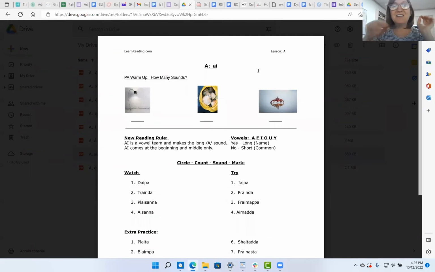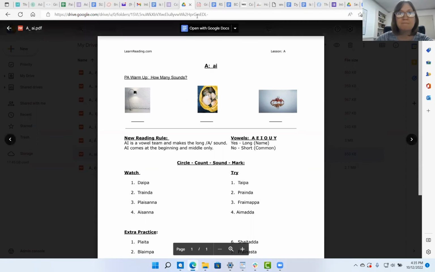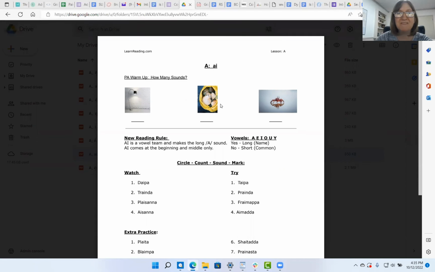Yes, there are 4 sounds in clam. K, L, A, M. Very good. And how many in crab? Yeah, very good. Crab.